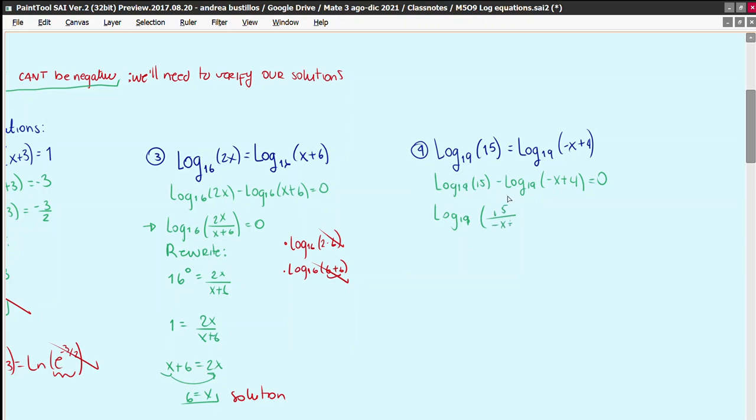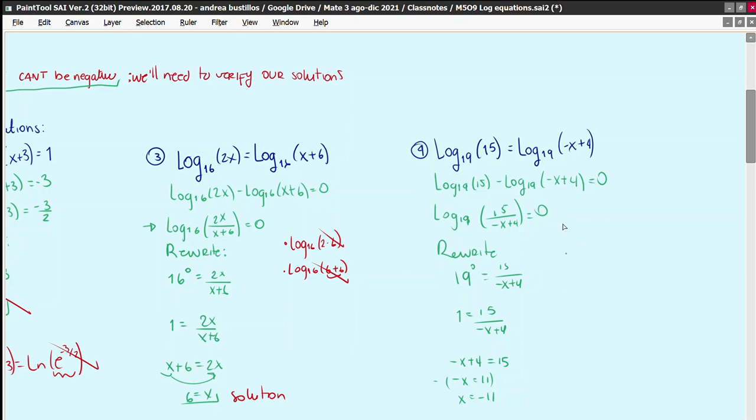And once I have it as a quotient, I have a single logarithm, so I can rewrite it in exponential form. 19 to the power of 0 equals 15 over minus x plus 4. 19 to the power of 0 is 1. And this is minus x plus 4 equals 15. And if I pass this 4 to the other side, this is 11. And if I multiply everything times minus 1, this is x equals minus 11.